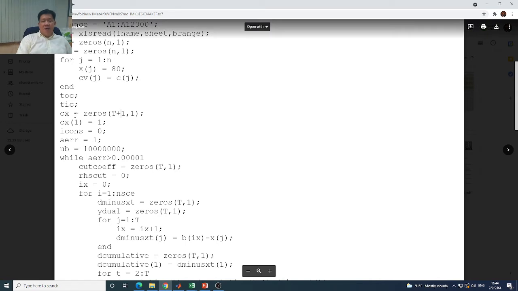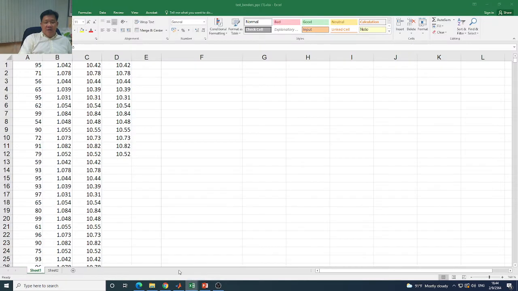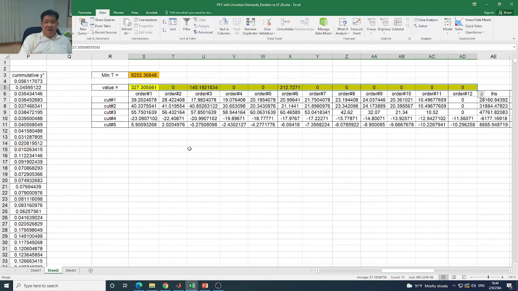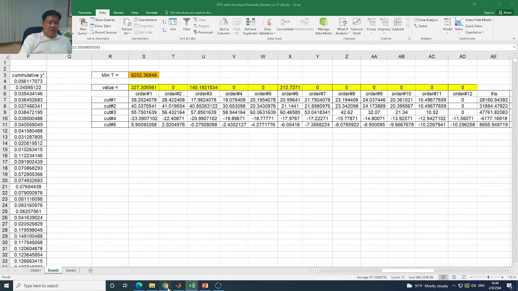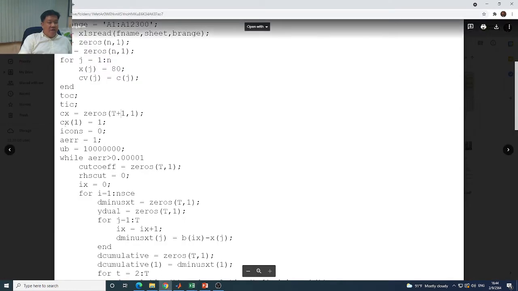We prepare the dimension for CX, and in the objective function only CX1 is equal to 1. When you solve the subproblem, you only minimize t, there's only one decision variable here. So only the first variable, t, has a cost coefficient. The remaining are all 0.